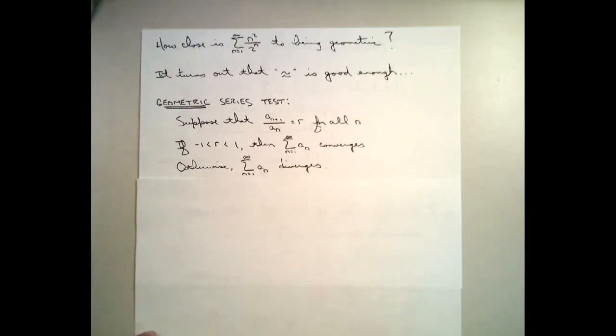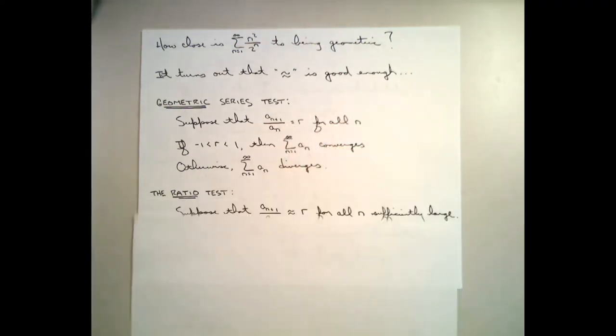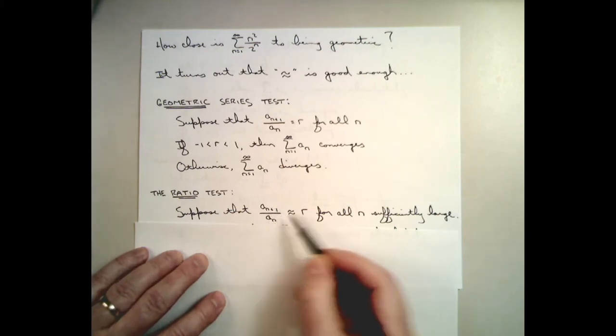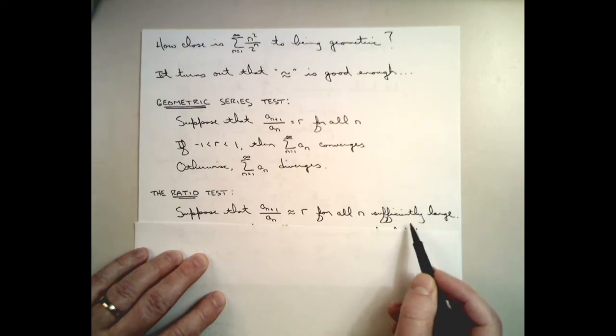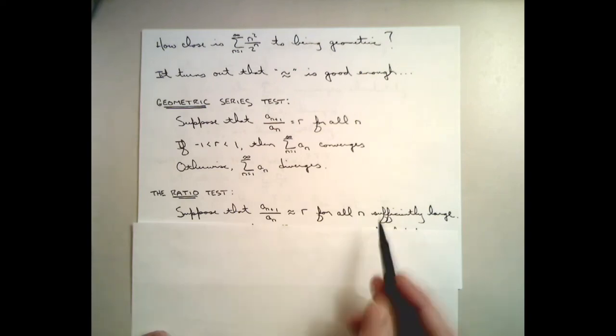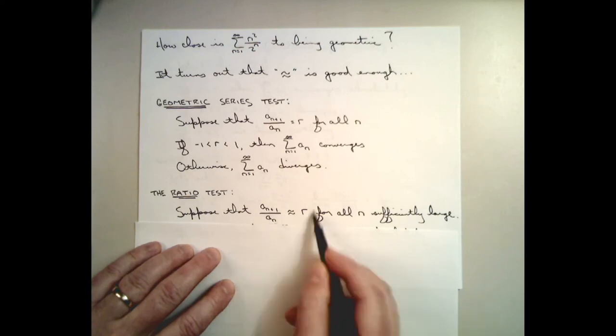The test we're introducing today, the test called the ratio test, says almost exactly the same thing. The main difference is, instead of equality here, I'm going to have approximate equality. So suppose that whenever I divide a term by its predecessor, what I get is really close, approximately equal to r for all n sufficiently large. Now, it doesn't really matter what happens early on in the series, but what we're saying is eventually we'll get far enough into the series so that this is true.